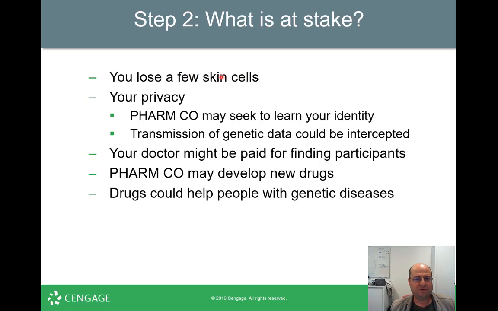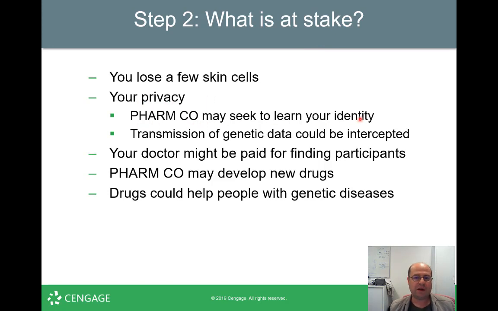So what is at stake? For you, you lose a few skin cells. It's not going to damage anything. Someone is just going to scratch the surface of your hand a little bit and get a few skin cells. Another thing at stake is your privacy. PharmCo may seek to learn your identity.